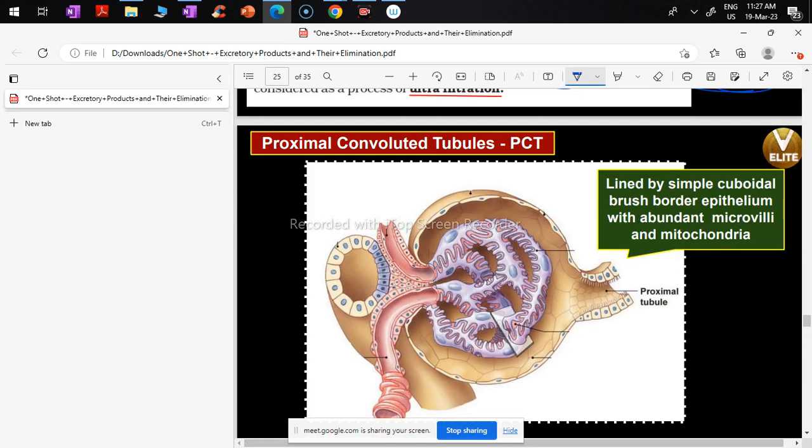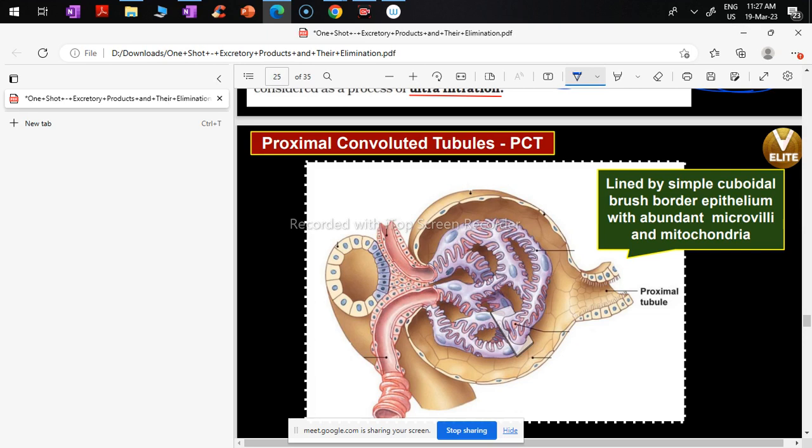PCT, if we see it separately, is a structure like this which is shown here. PCT, proximal convoluted tubule, is lined by, this is an MCQ question, simple cuboidal brush border epithelium, with abundant microvilli and mitochondria.